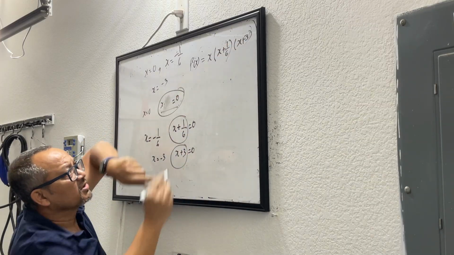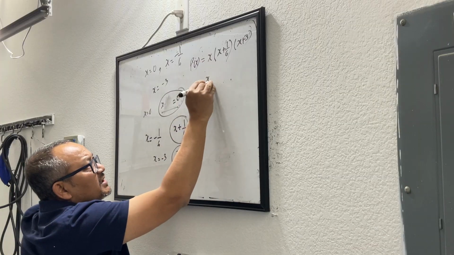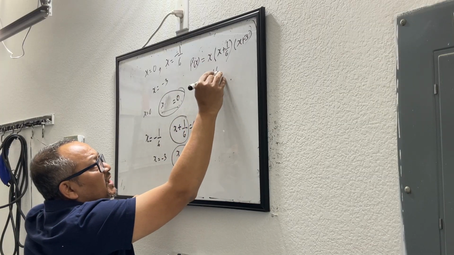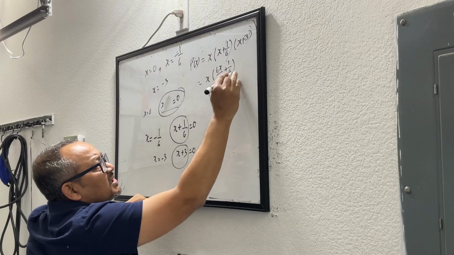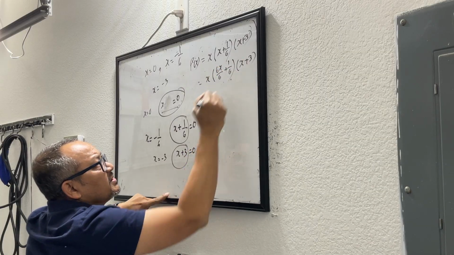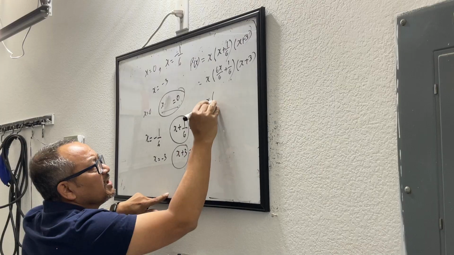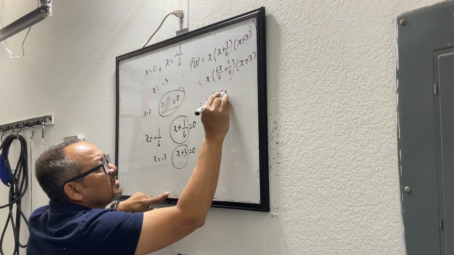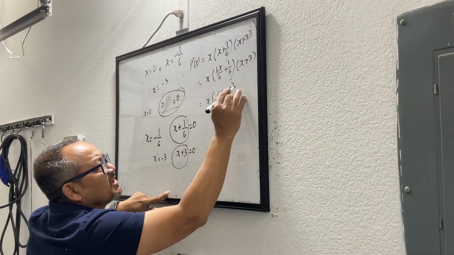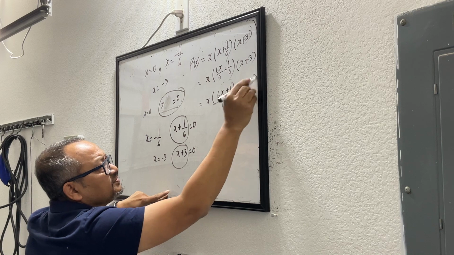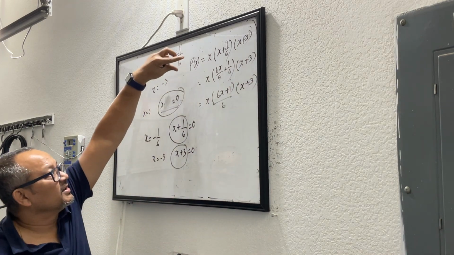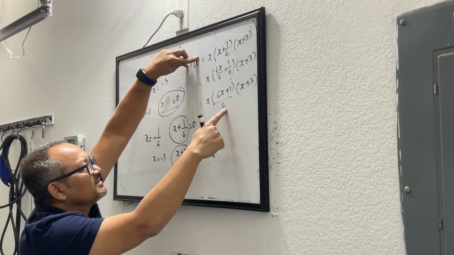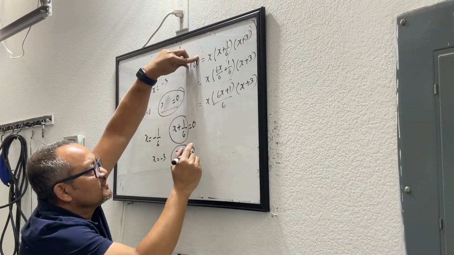Let's simplify it. Here I will multiply by 6, so x into 6x plus 1 by 6 into x plus 3. And if this is 0, then multiplying by 6 will give you 0 only.